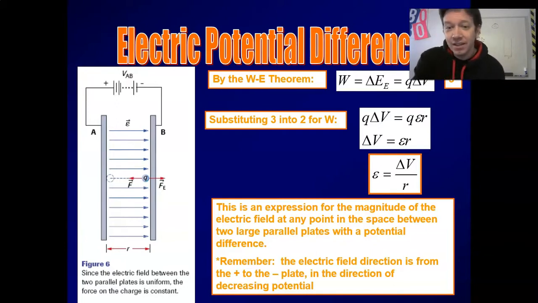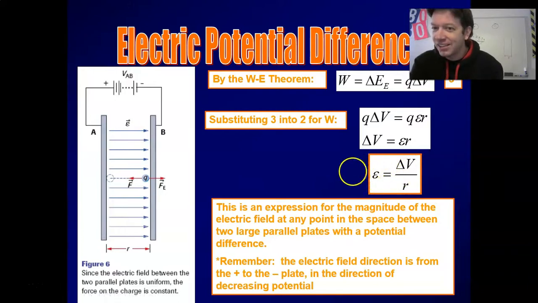Now notice that I did say that the electric field strength does not depend on r. We learned that in yesterday's lesson. I can move those plates further and closer together, and the electric field strength will not change. This is another thing to be careful of. I could ask you something like, if I were to double r, what happens to epsilon? Nothing.